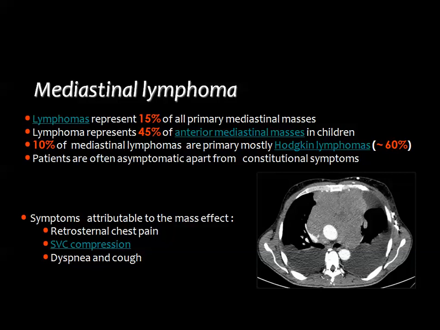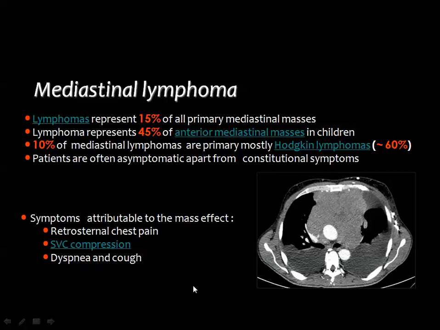The symptoms are usually attributable to the mass effect of the lymphomatous masses, including retrosternal pain, superior vena cava compression, dyspnea, and cough due to compression of the trachea and the main stem bronchi.